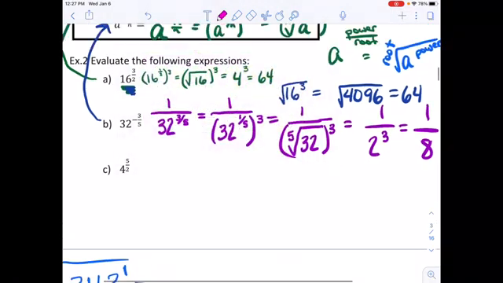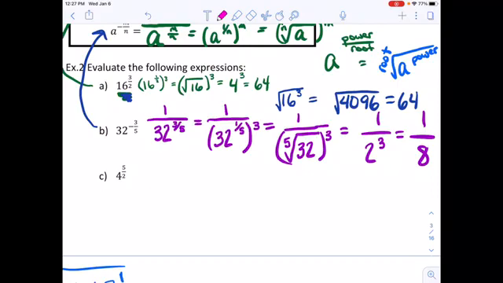On this last one, I'm going to show you my way, the power over root way. So we have 4 to the 5th power root 2, which we don't write a 2 out here because we know just a square root is the second one. Now I take the 4 to the 5th power, that's just 4 times 4 times 4 times 4 times 4.